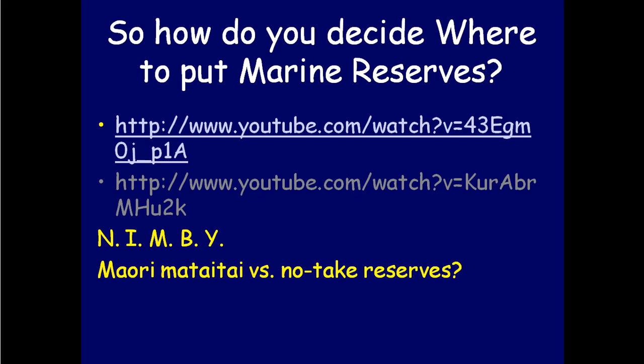And so you could possibly put half of Motiti in a mataitai, still allow commercial fishing on the other half, but that would eliminate commercial fishing from that area. And I'm not proposing to eliminate commercial fishing, but just to use that mataitai as a way to limit the impact of that fishery on that area.